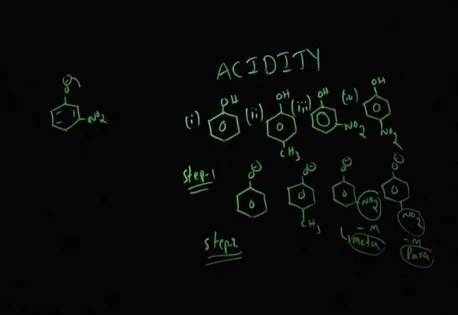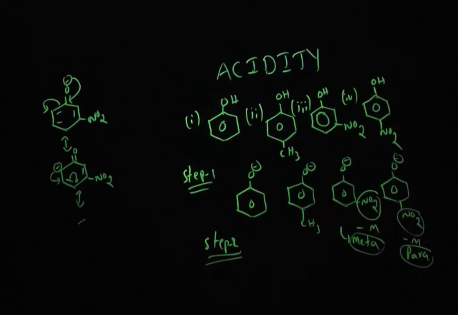For example, it undergoes resonance and forms a delocalization structure, something like this. This is a very important concept. Is the meta position NO2 group really working as a minus M group or not? As a result, you get a stabilizing factor, something like this: double bond, minus, double bond O, and here is NO2.